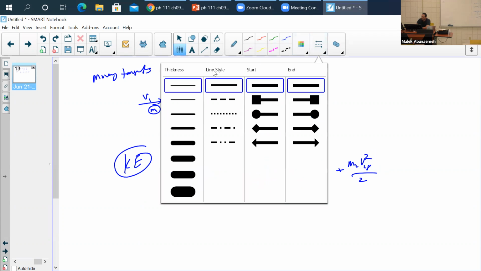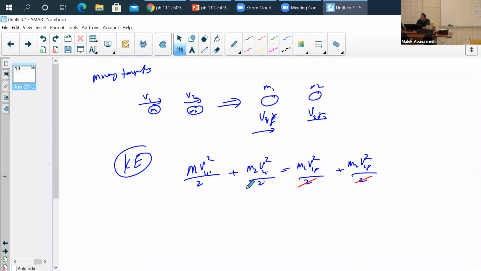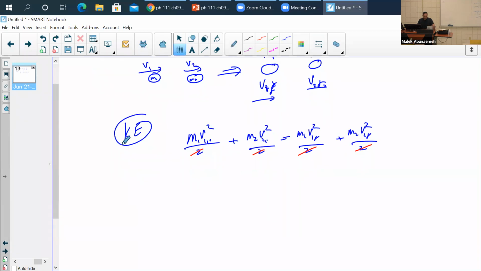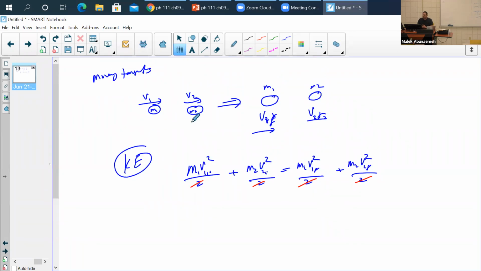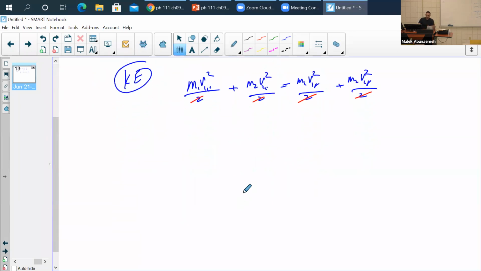Now we can multiply this by 2, so all your 1/2s will go away. So this time it's a moving target, so this time v2 does not equal 0.